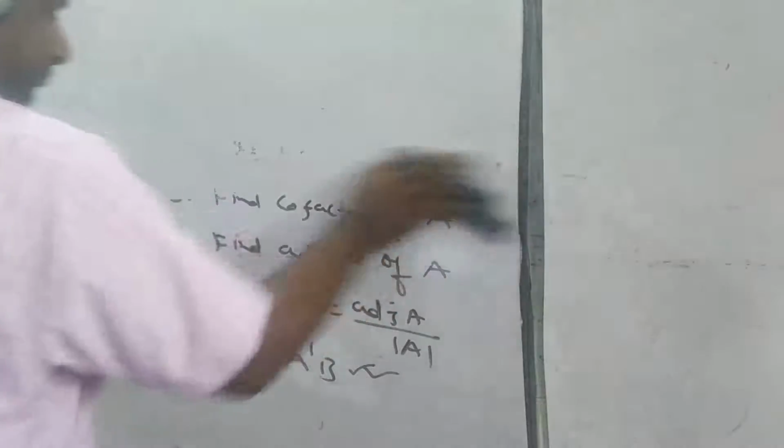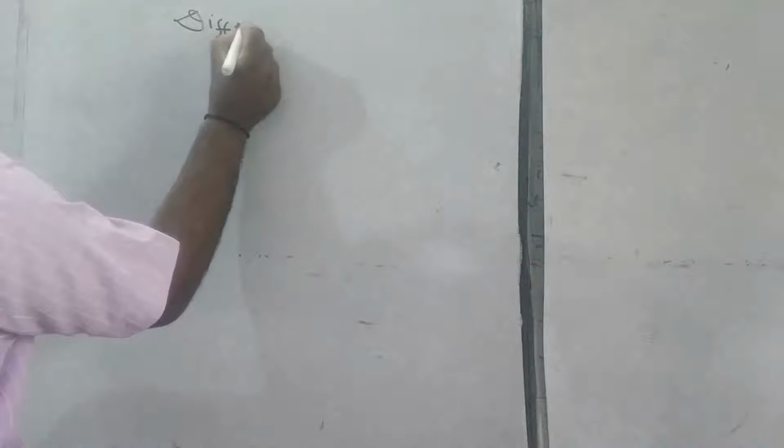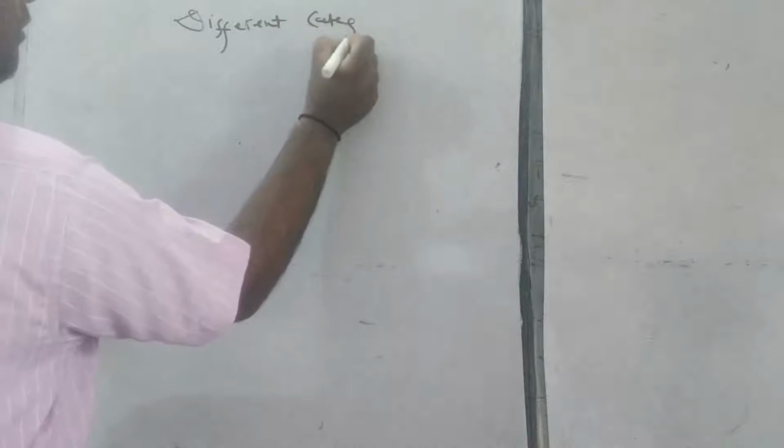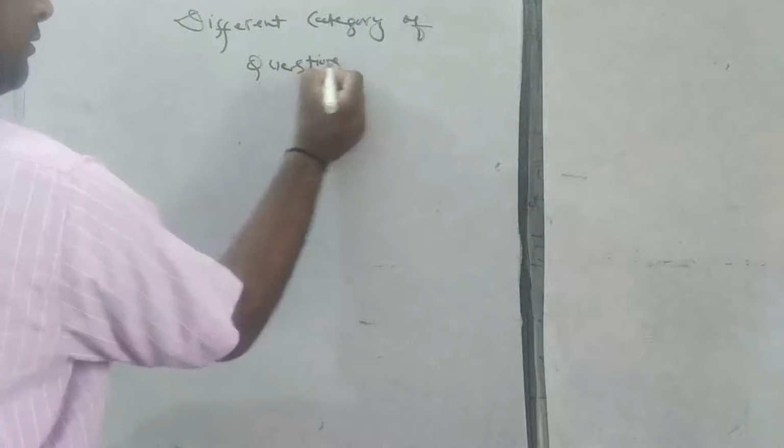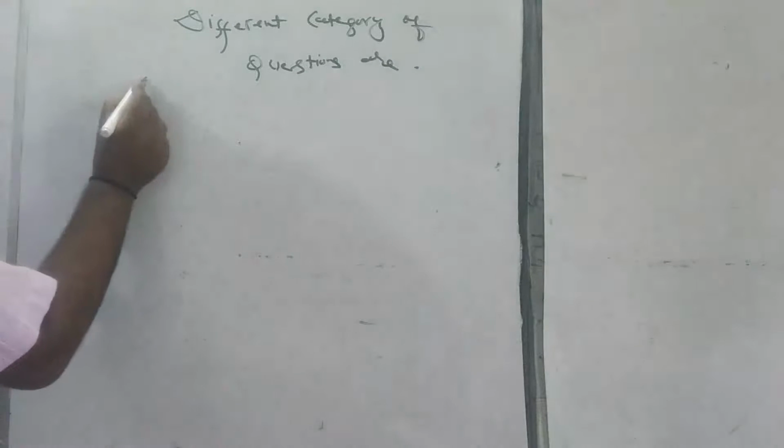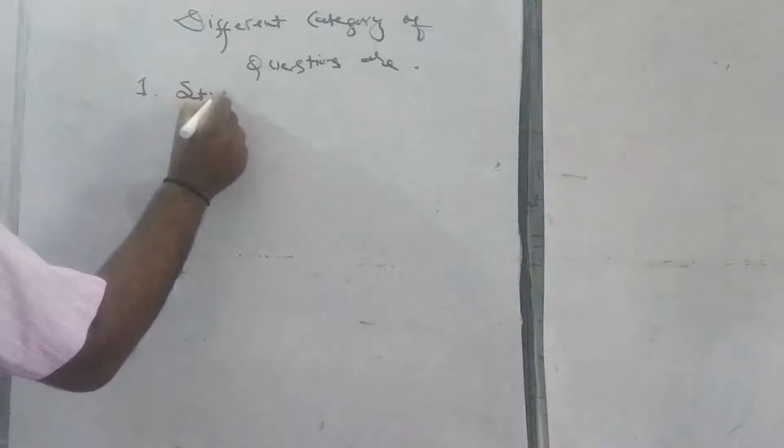Now, what are the different categories of questions? In total, there are 5 categories of questions in this chapter, which are repeatedly asked in board examination. The different categories of questions are: first, straightforward.